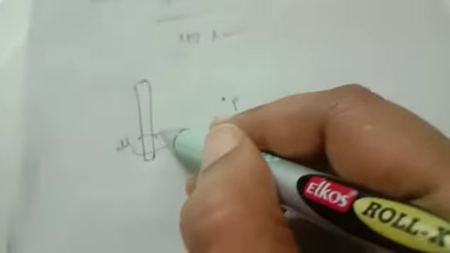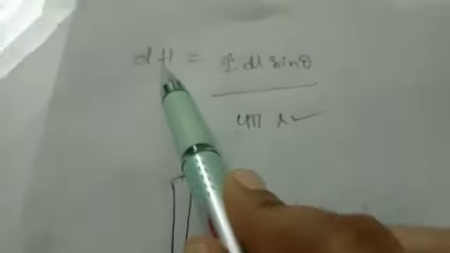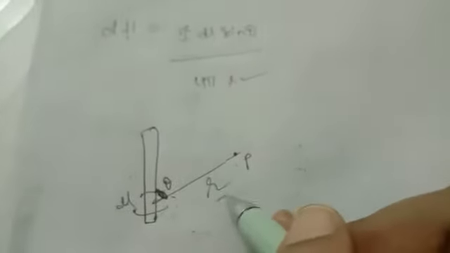Due to this, the produced magnetic field intensity will be the differential magnetic field dH. Let the distance between these 2 points be r. Here there will be an angle theta, where theta is the angle between the differential length and the distance between these 2 points.